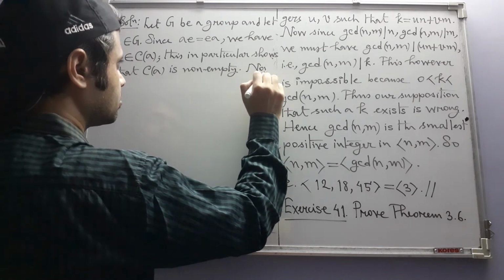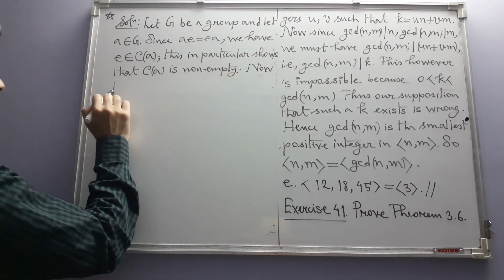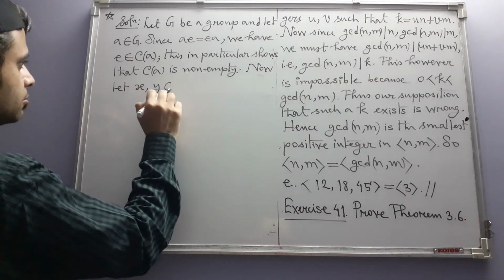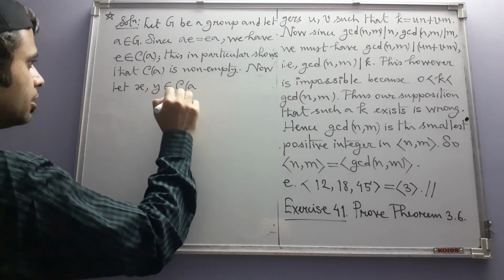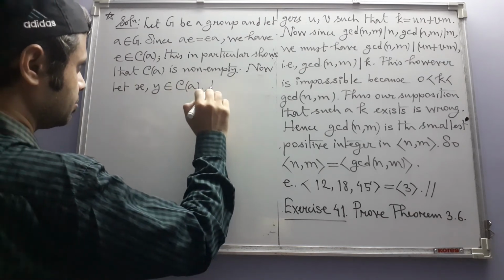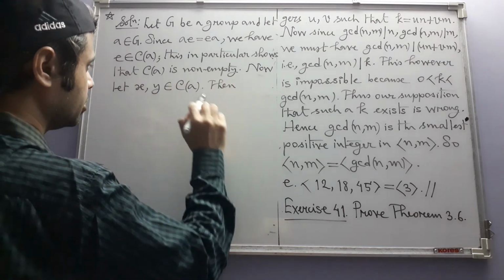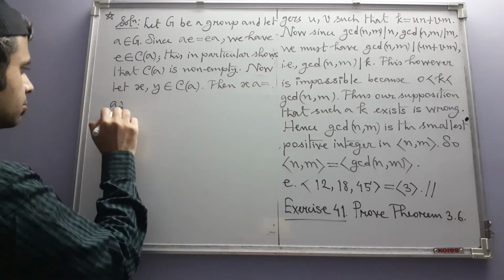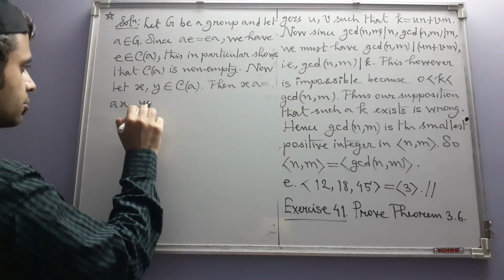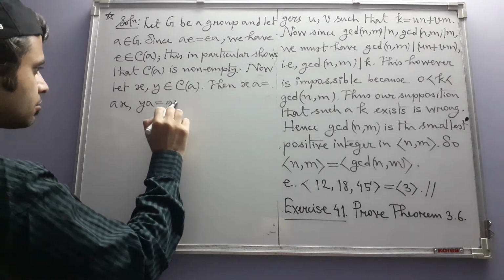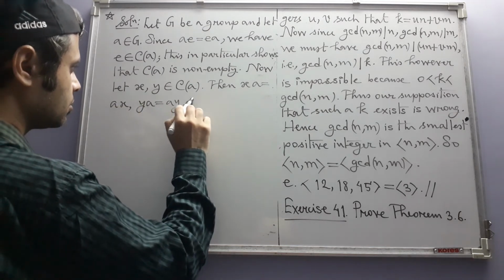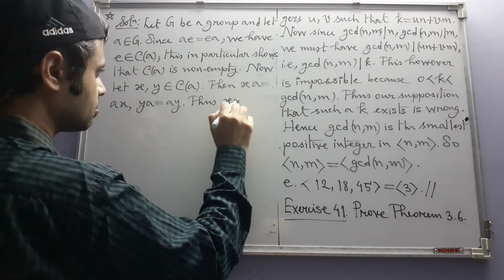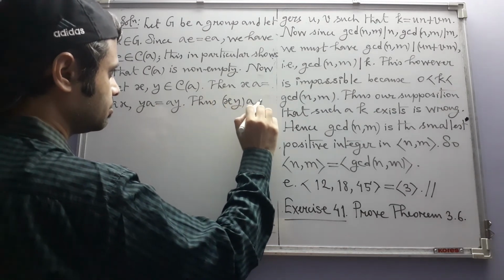Now let X and Y be two elements in CA. Then X commutes with A and Y also commutes with A. Thus, what about XY?